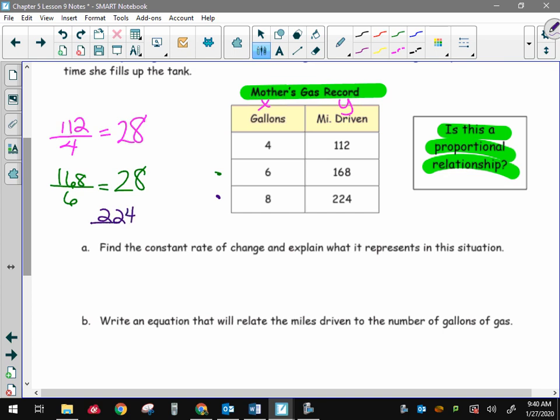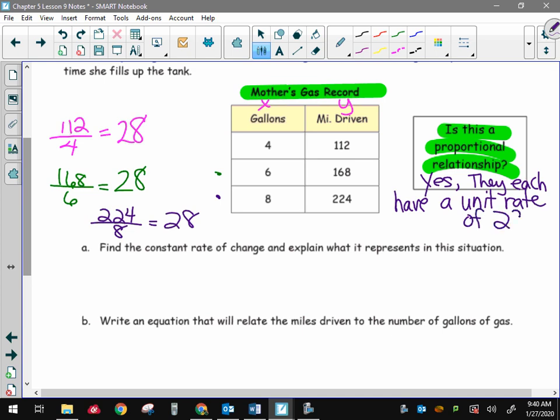It's 28. Since they all have the same unit rate, they are proportional. Yes. They each have a unit rate of 28. Rhymes. Unit rate of 28.